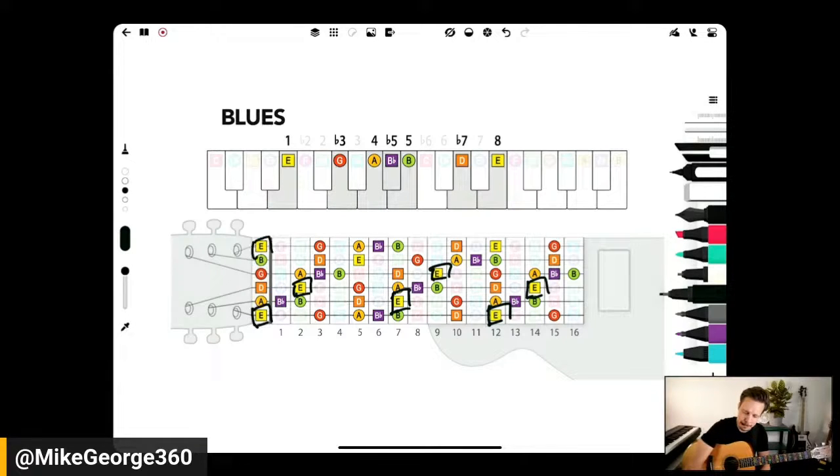So that's the E. And then moving between these E's in different ways, you can move all around the fretboard. It's like a dance board. You can dance from one octave to the next, following these patterns.